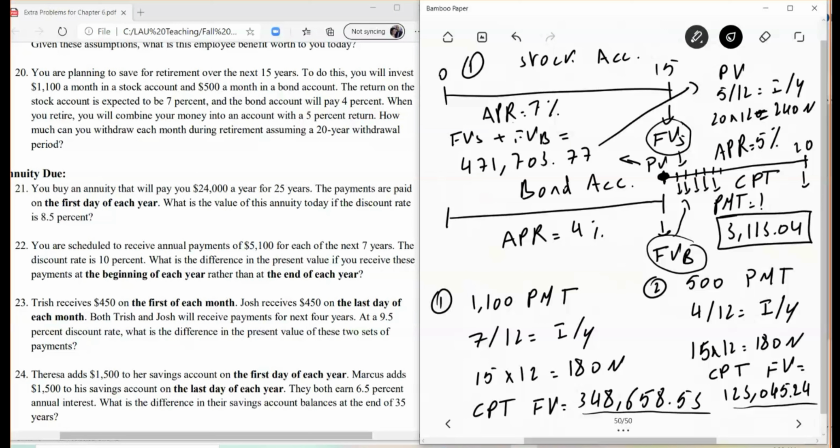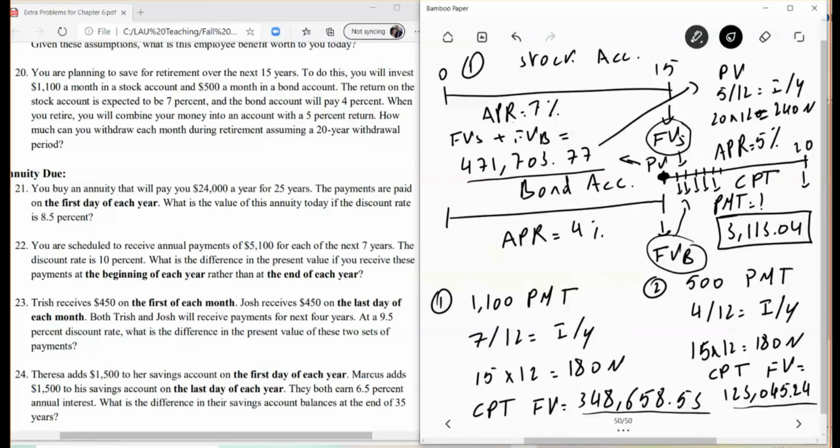So mainly in this problem, I have invested in two separate accounts. The first account is a stock account yielding 7% annually. The second account is a bond account yielding 4% annually. After 15 years, whatever money accumulated in the first account, I added to the amount accumulated in the second, for a sum of $471,703.77.